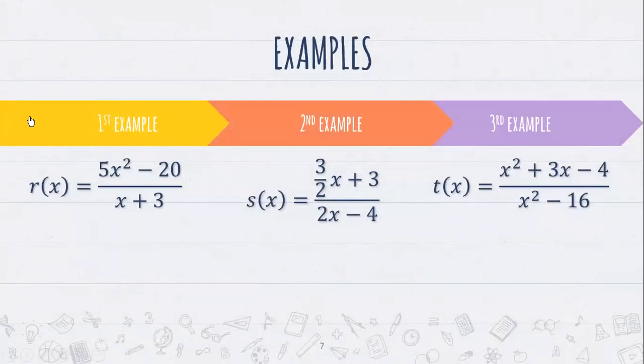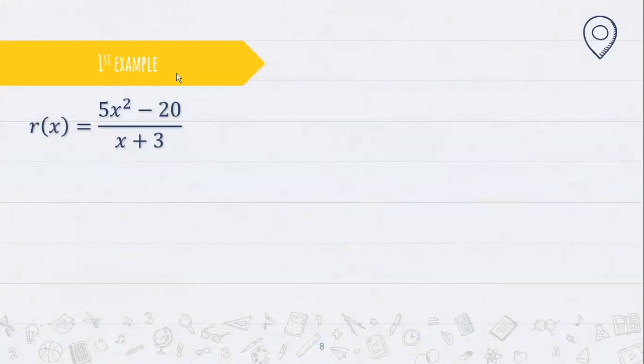Ayan. So, we will be having the same example earlier. So, we have first example. Titignan natin yung sa horizontal asymptote kung paano kukunin. Yung vertical asymptote kasi medyo madali lang. So our vertical asymptote.